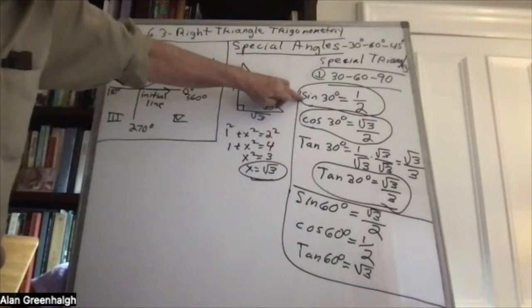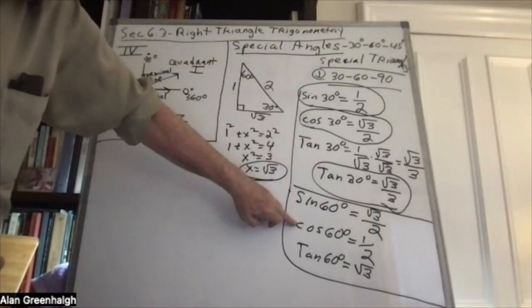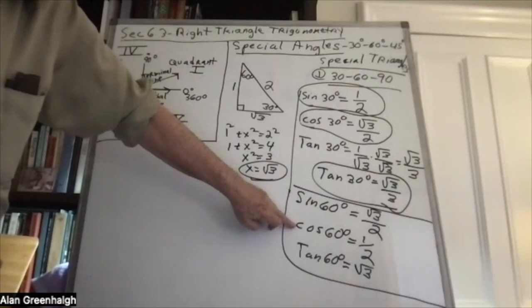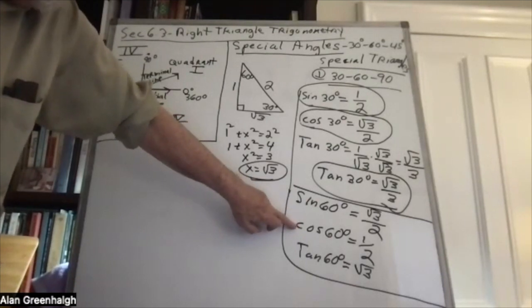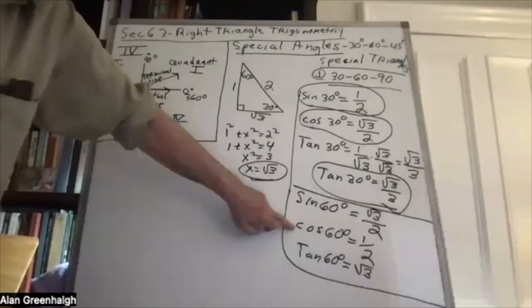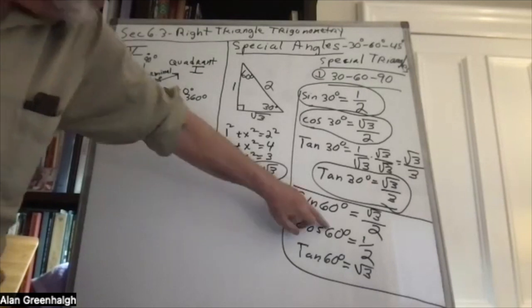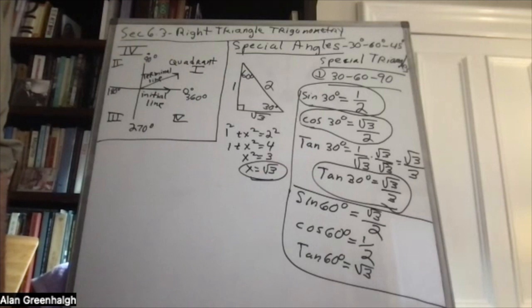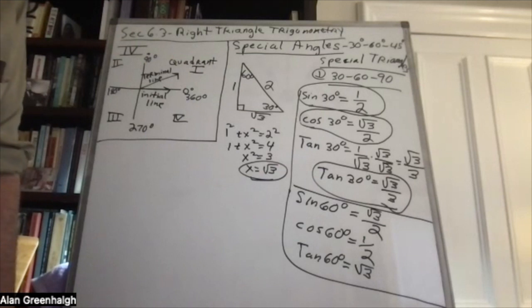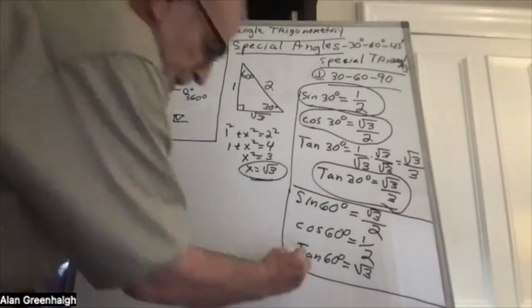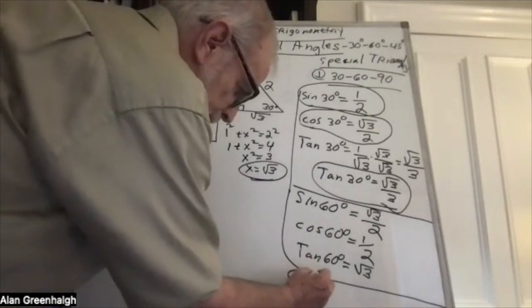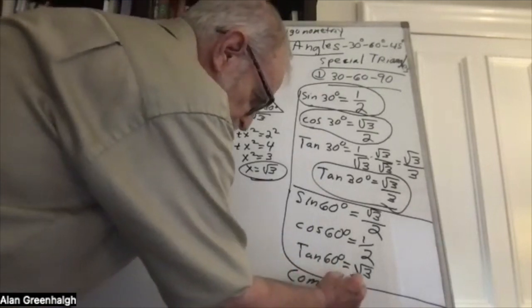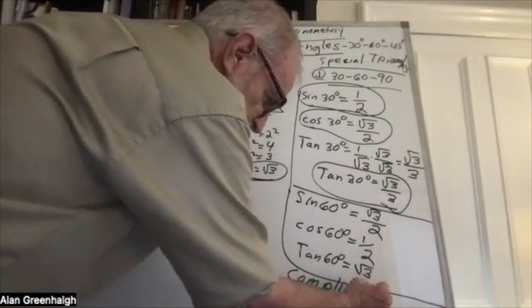The sine of 30 is equal to the cosine of 60, because cosine is a co-function, because 60 and 30 add up to 90. They are co-functions, two complementary angles. I'm sure you've heard this, maybe not.